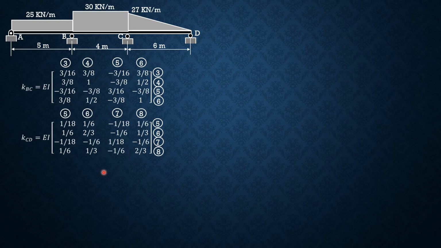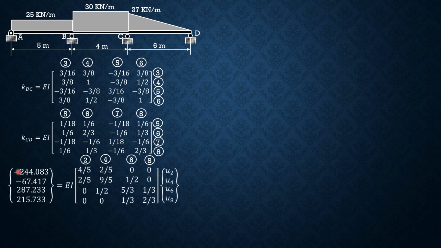So we now have the global forces, and we are only interested in 2, 4, 6, 8, because 1, 3, 5, 7 are not important, just the rotation. So these were the nodal forces from the preceding slides.